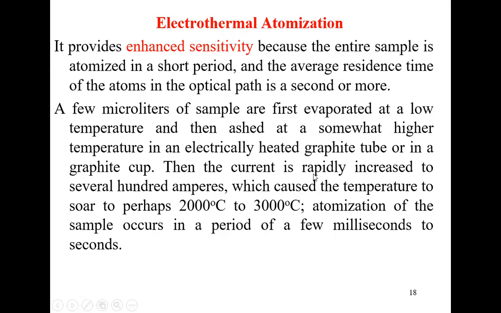Then the current is rapidly increased to several hundred amperes, which causes the temperature to soar to perhaps 2,000 to 3,000. Remember the numbers that we gave, 2,600 to about 3,100. Sometimes it can go to 3,500. So unlike flame AA, what temperature do we use?